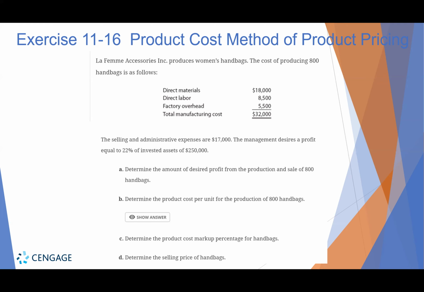Determine the amount of desired profit from the production and sale of 800 handbags. Determine the product cost per unit for the production of those 800 handbags. Determine the product cost markup percentage for handbags. And then ultimately, we're going to come up with the selling price.